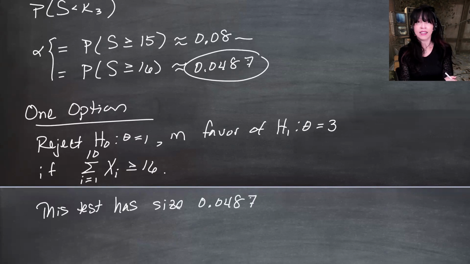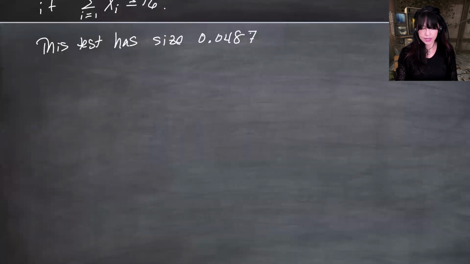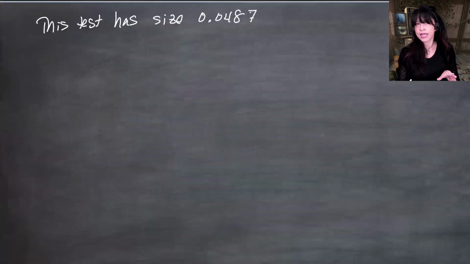To me, and to a lot of people out there and a lot of books, we would also say this has level 0.0487. But some people do distinguish between size and level in the case of these discrete tests where things like this happen. You could say this has size 0.0487 or level of significance 0.0487.